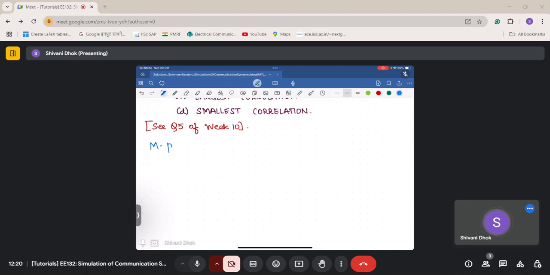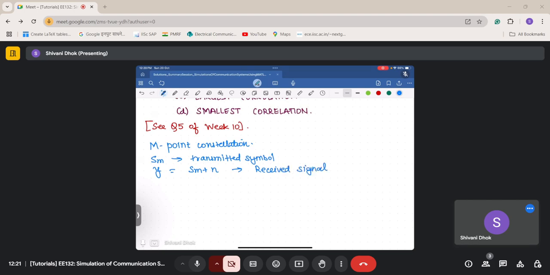So we'll take an M point constellation, Sm the transmitted symbol, y equal to Sm plus N the received signal, and N is your AWGN.